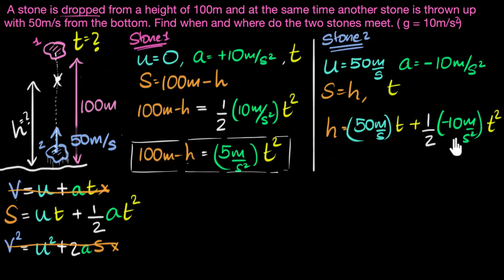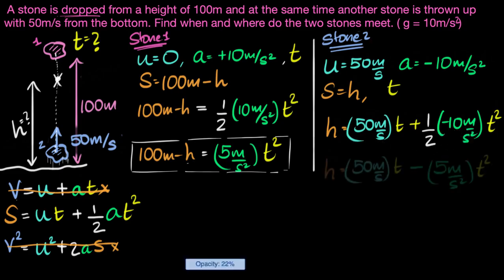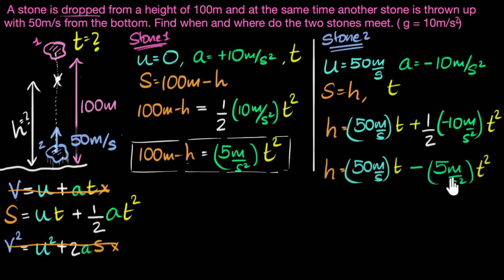And if we simplify this again, your minus 10 divided by 2, you'll get a minus 5. So let me just quickly write that down. So we'll end up with h equals 50t minus 5t squared.